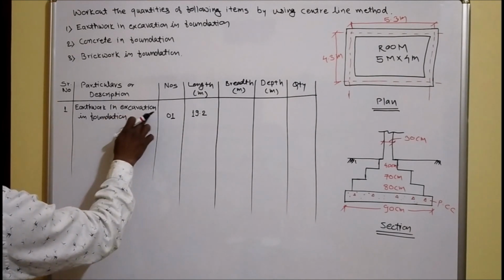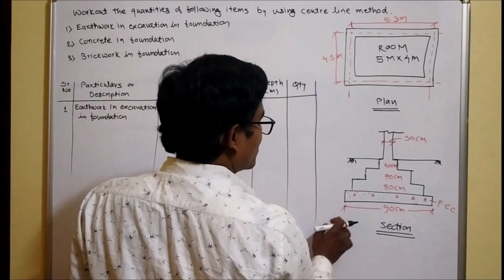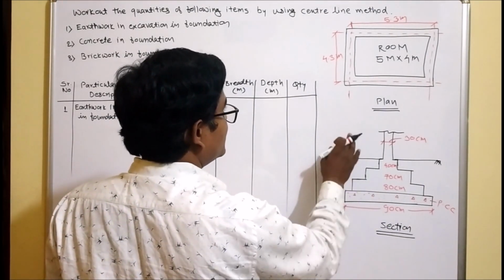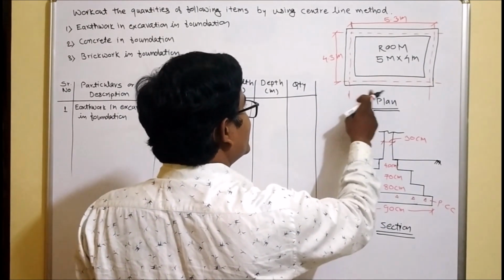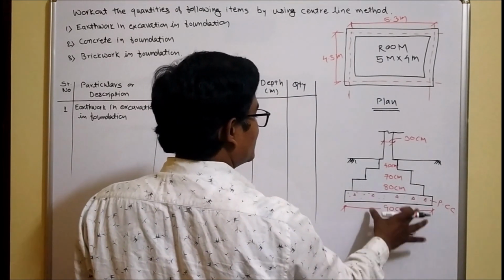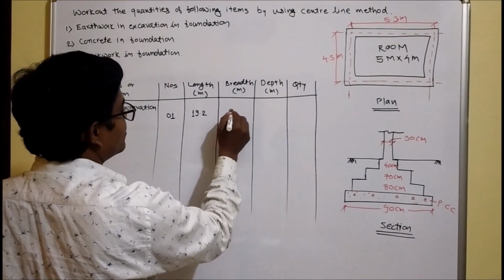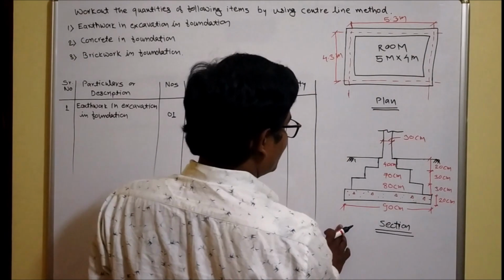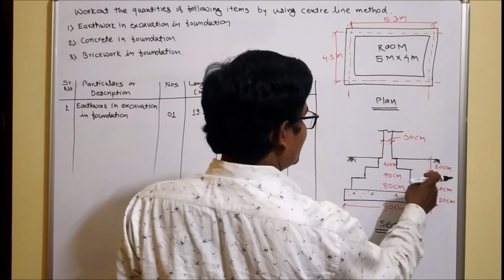whatever the maximum width of excavation that we have to take from the section. So here the maximum width of the footing is 90 centimeter. So this is the load bearing structure. So this cross section is provided throughout the walls. So I will take here the maximum width of the footing, that is 90 centimeter. So I will write here 0.9 meter. So what about depth? So here we have to take the depth below the ground level. So this is the excavation depth.